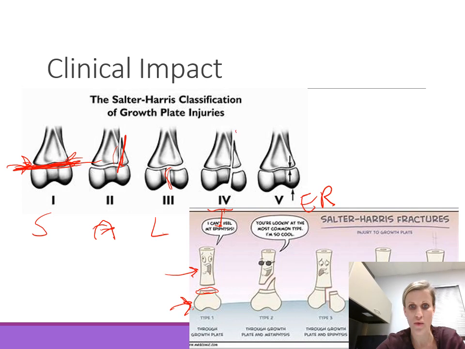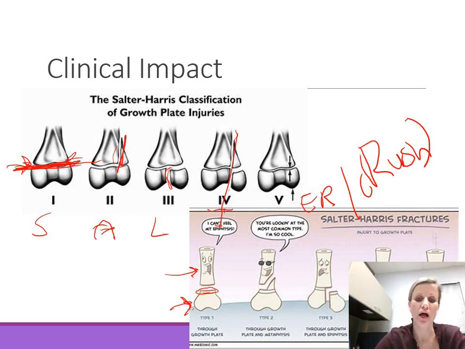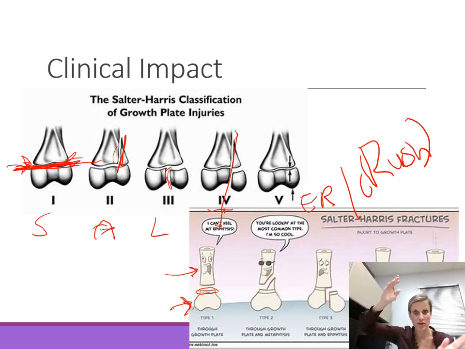So it goes all the way through, above, through the growth plate, and below. And then ER is for erosion or crush. You could think R for crush. This is where literally the growth plate is crushed, right? There's force coming at it from both sides, and the cells are damaged just sheerly from crushing it.